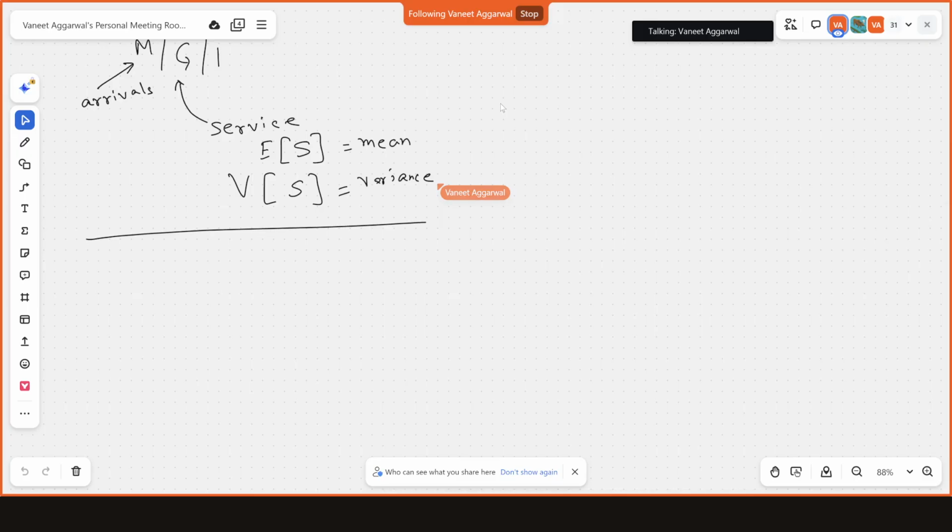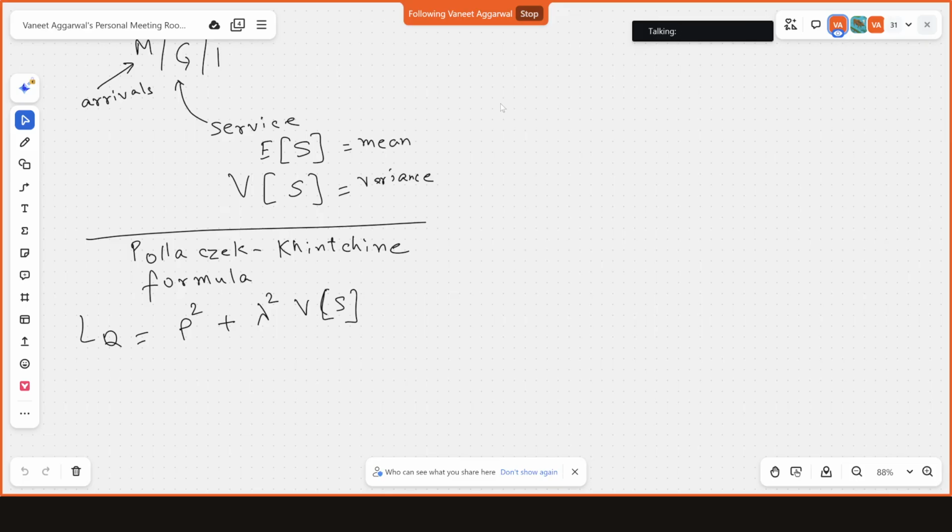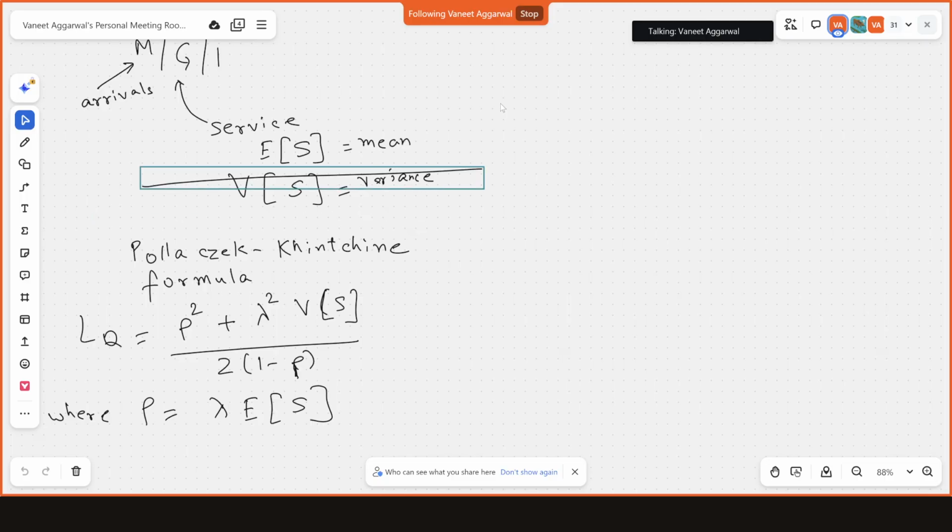If we have an MG1 system, then there is a formula which basically gives LQ as rho square plus lambda square V, divided by 2 times rho times 1 minus rho, where rho equals lambda times expected value of S. So in the exponential case, this was lambda upon mu because expected value of service time was 1 upon mu.